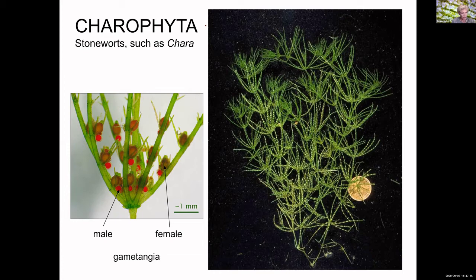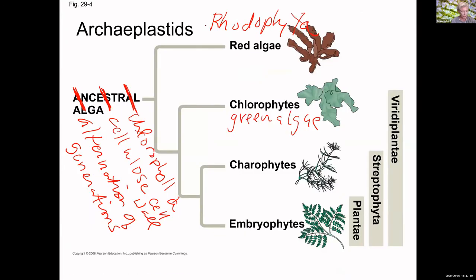I realized I forgot to put this on this slide, so I'm going to add this characteristic. Between red algae and green algae there are some differences in characteristics, but we're not going to go into much detail. The big one that's important that you know is this molecule that helps protect the spores, and in embryophytes it goes on to become useful in reproduction as well, to protect the pollen grains.